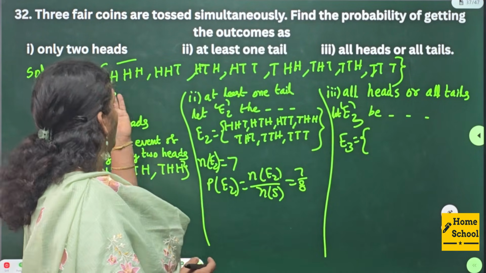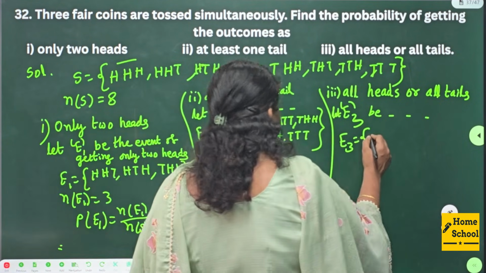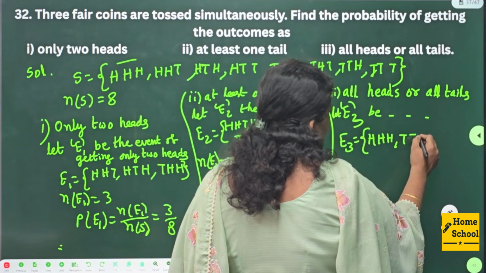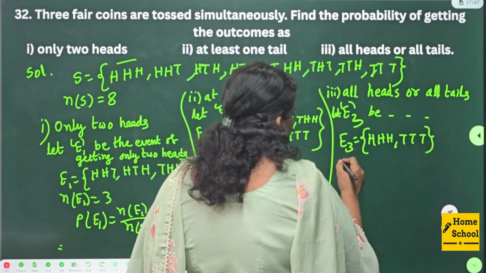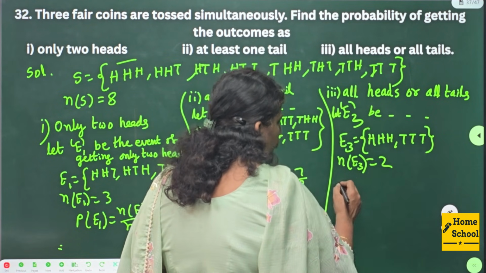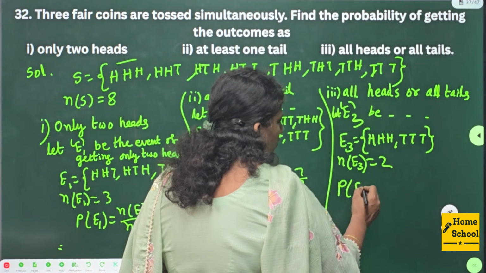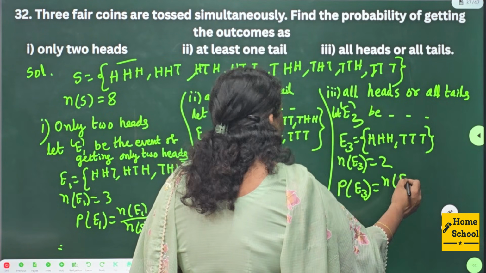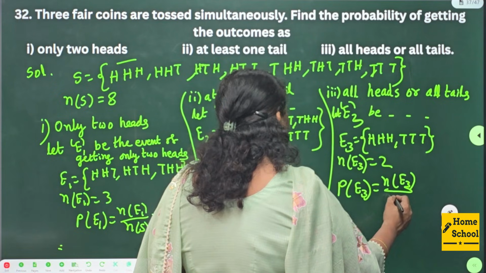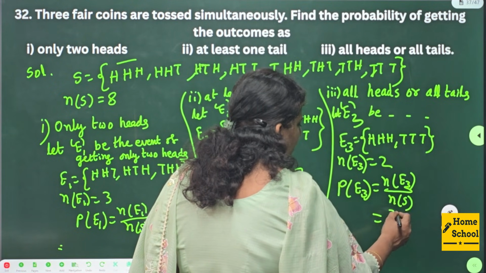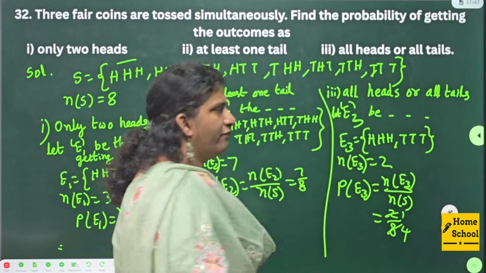Where do we get all heads? H, H, H. All tails. T, T, T. Total number of this events N of E3 is equal to 2. Now probability of getting this event is equal to N of E3 by N of S, that is 2 by 8. You can write it as 1 by 4.